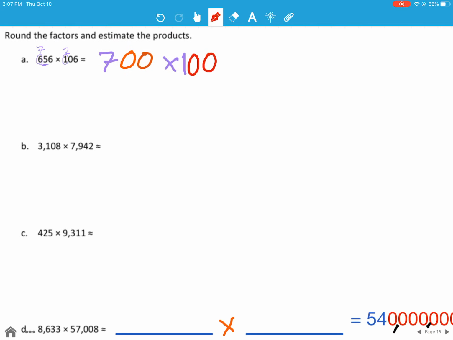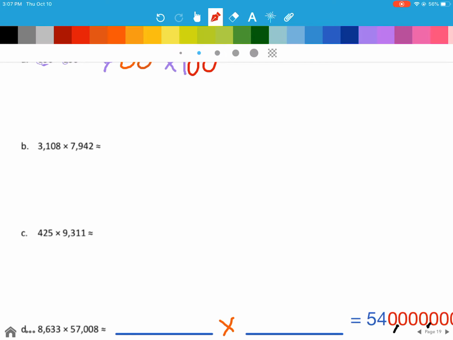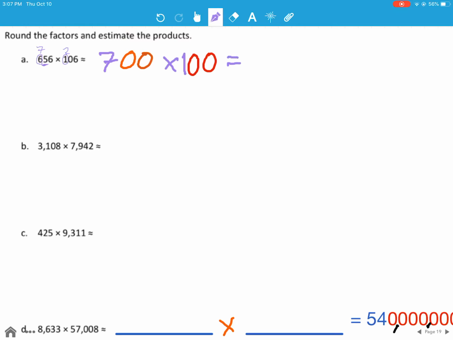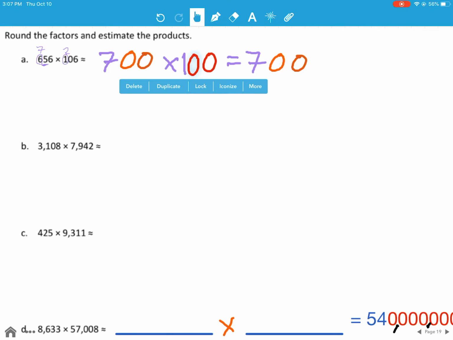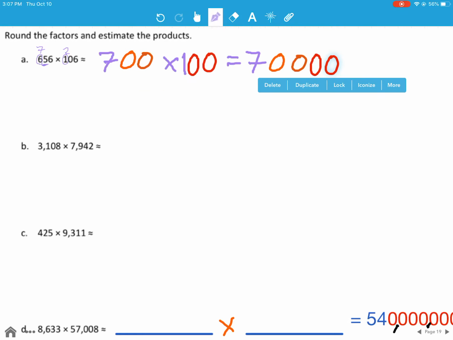Okay, so 100 times 100 is 10 thousands. We already looked at that. So 7 times 7 times 1 is 7. And we have 70,000 there.